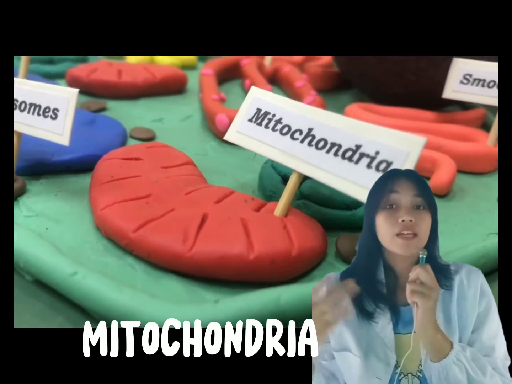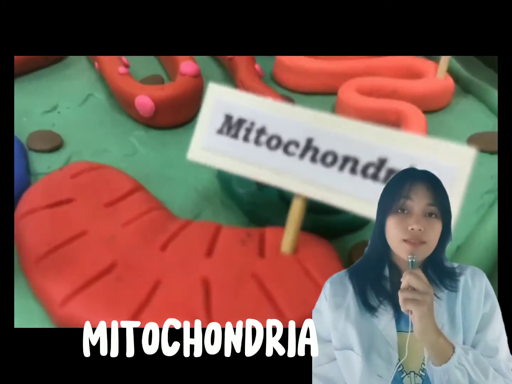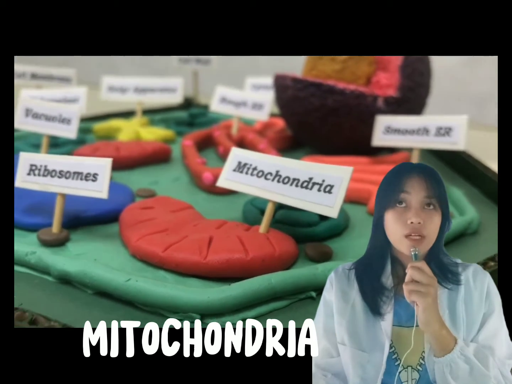As we know, mitochondria is the powerhouse of the cell, wherein it produces energy for the cells to survive and function. Now, how do plant cells produce energy? It is through the process of cellular respiration, wherein it converts raw nutrient materials into usable energy. This is known as ATP or adenosine triphosphate, na kung saan si pyruvate from transformed glucose ay nag-combine kay oxygen sa inner part ng mitochondria.